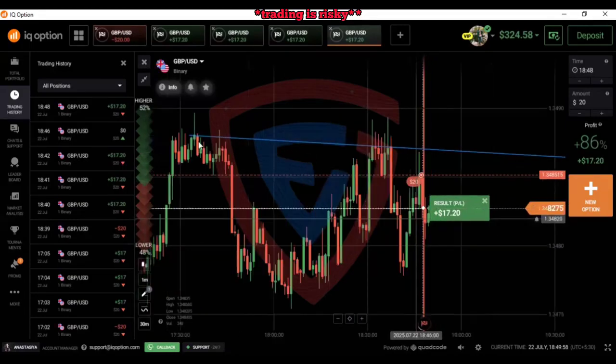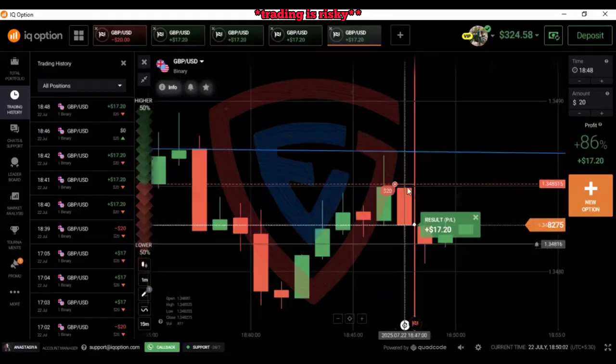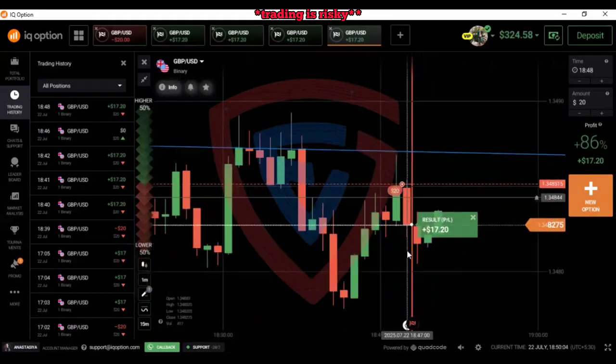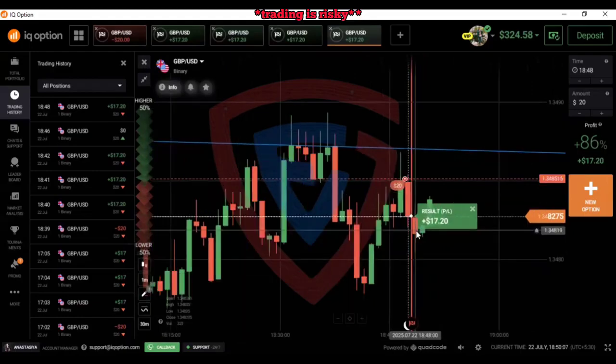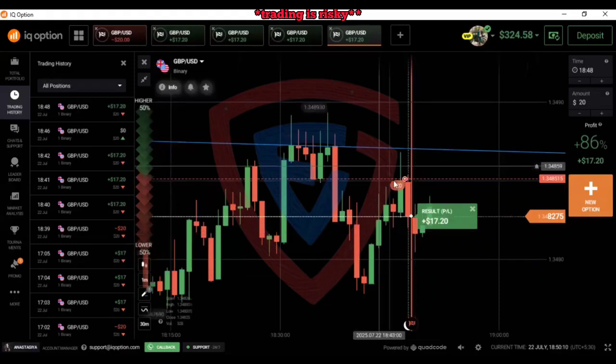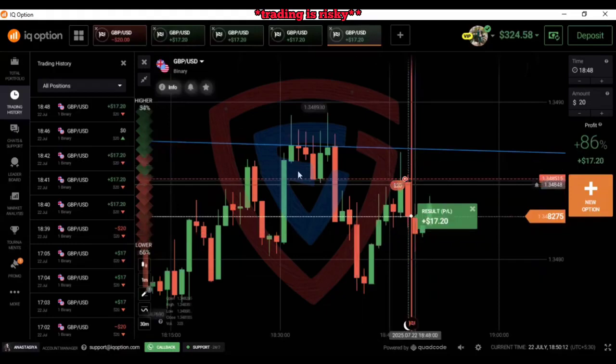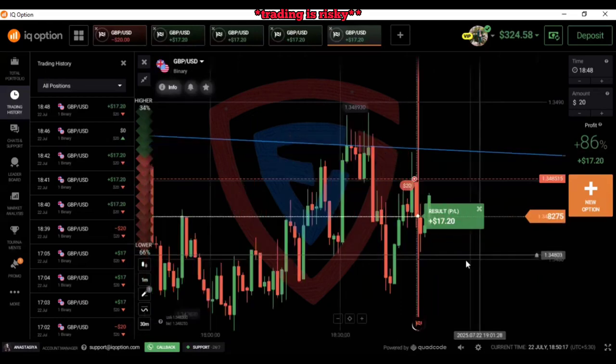Near this level also, we are seeing a strong rejection. That's why I placed a lower option trade, an engulfing pattern and sellers' domination. That's why you are seeing again a bearish candlestick, because it reversed from the neckline point or the shoulder point. That's why sellers made one more candlestick here.